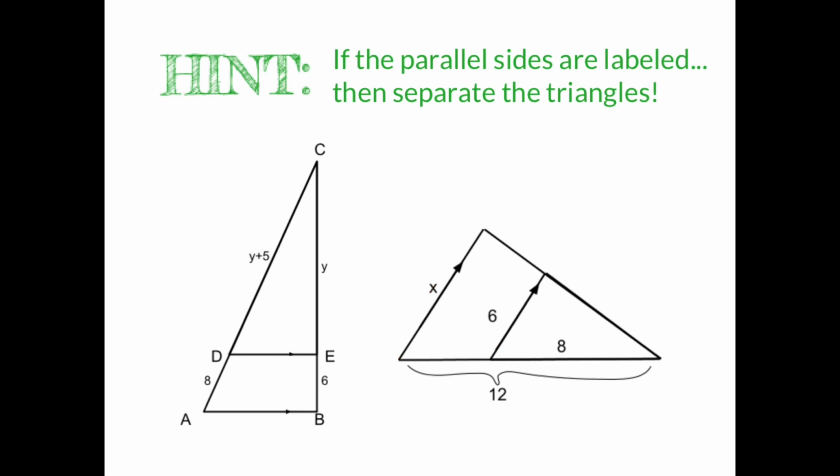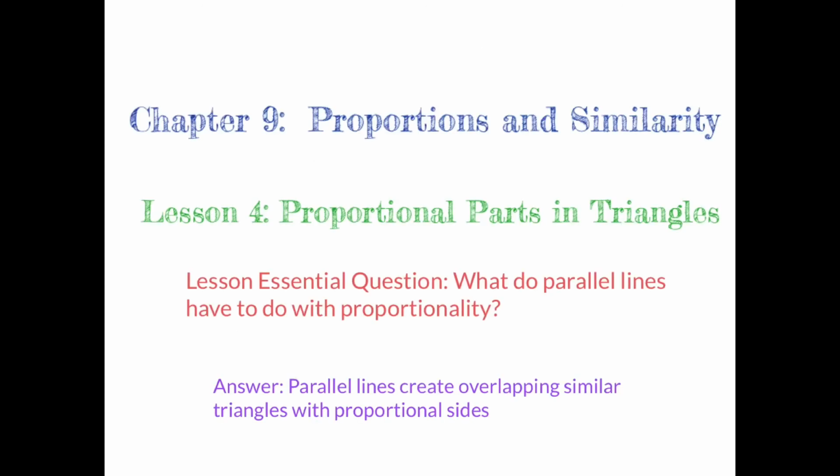When the parallel sides are labeled, that's when you want to separate it into the larger triangle, and that's an X there, and then the smaller triangle with the 6, 12 and 8. So when you have the parallel sides labeled, that's when you want to separate the triangles out to the larger and the smaller triangle. And this concludes the lesson 4 about proportional parts in triangles.